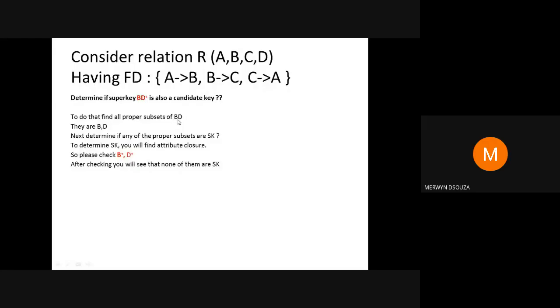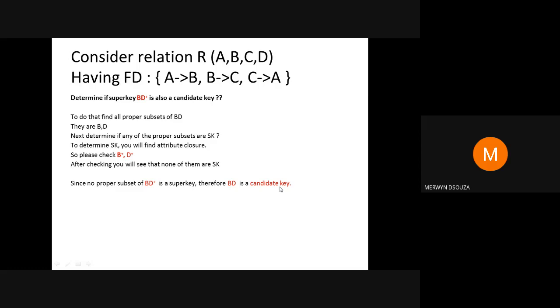Attribute closure of D also is not a super key. So if both the proper subsets of BD are not super keys, what you can conclude? You can conclude that therefore, since no proper subset of BD, which in this example were B and D, are super keys, therefore you can conclude that BD is a candidate key.